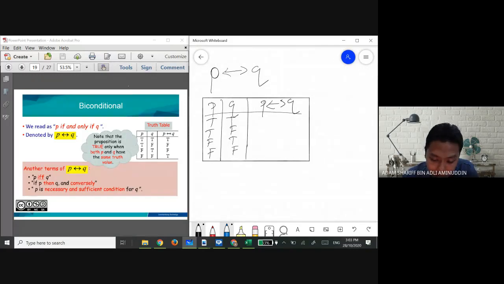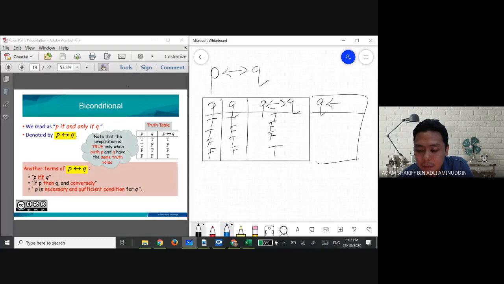So, TT jadi T, FF dia jadi T. If you have different truth values, it will be false. Itu je. For this case, you tak payah risau terbalik. Because P if and only if Q, and Q if and only if P, it will be the same. It is not direction sensitive.